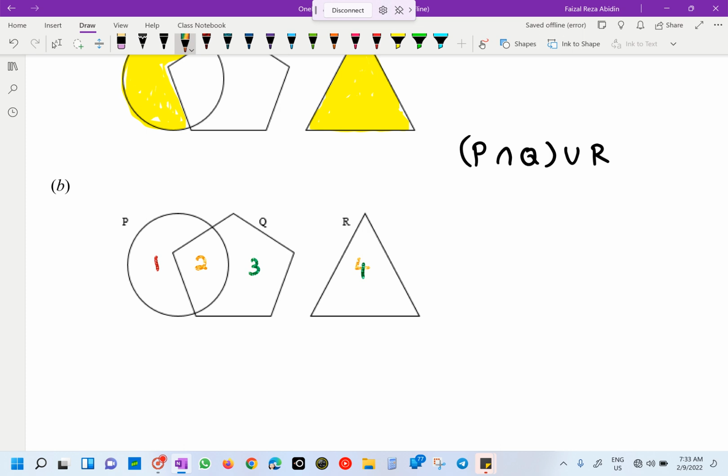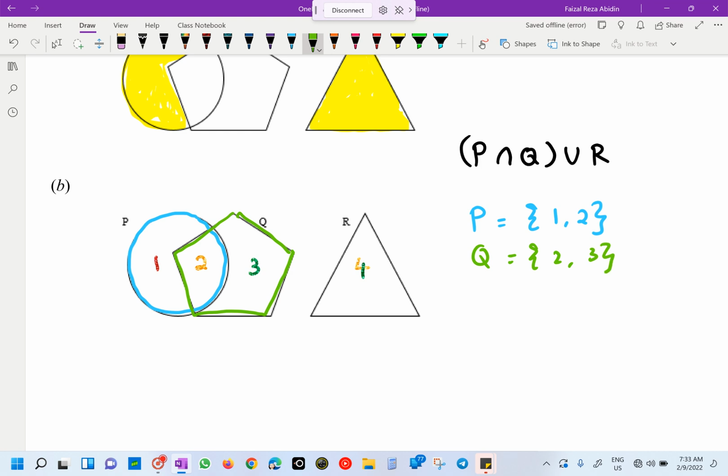Some of you go straight and do it, no problem. So first, P here is going to be 1 and 2. Q here is going to be 2 and 3. And R is going to be only 4 here.